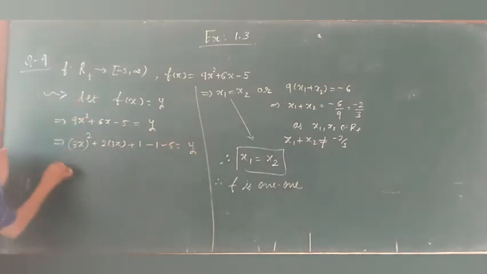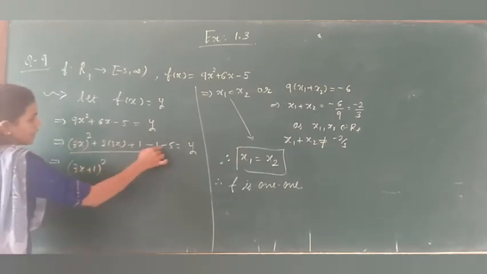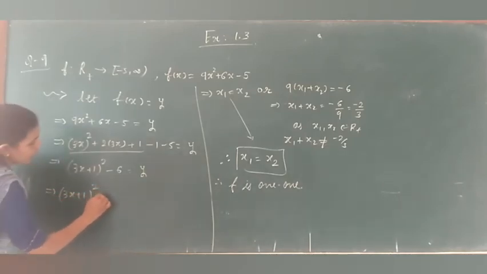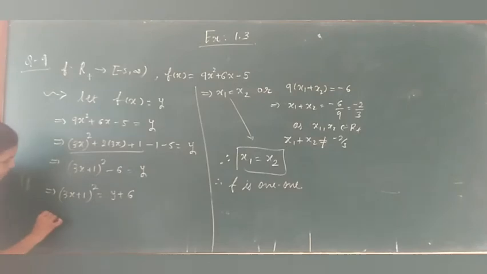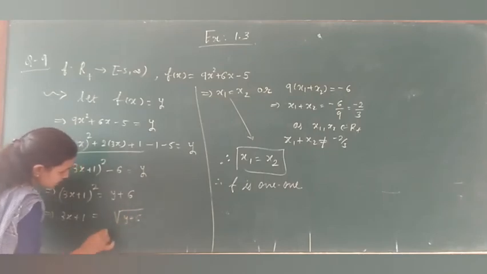So this is equal to y. So here we have the term 3x plus 1 whole square, and this minus 6 is equal to y. Therefore 3x plus 1 whole square is equal to y plus 6. So that means 3x plus 1 is equal to under root of y plus 6.